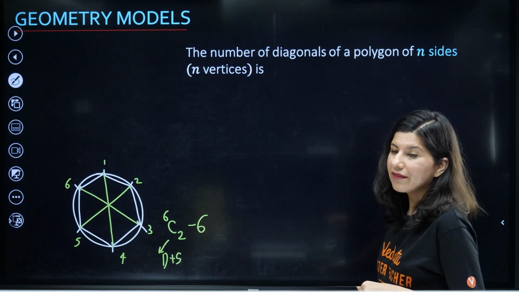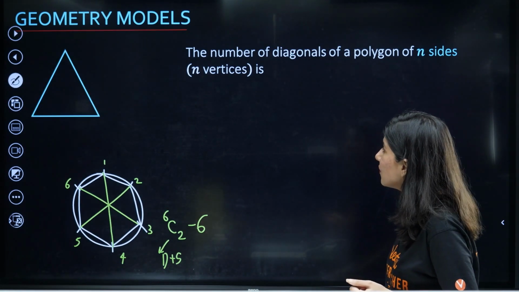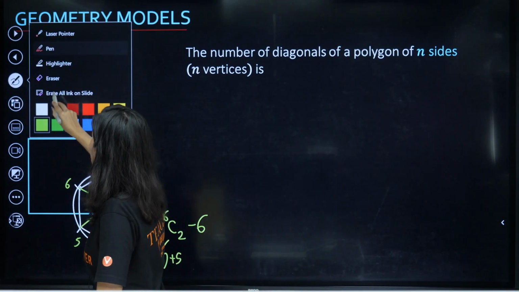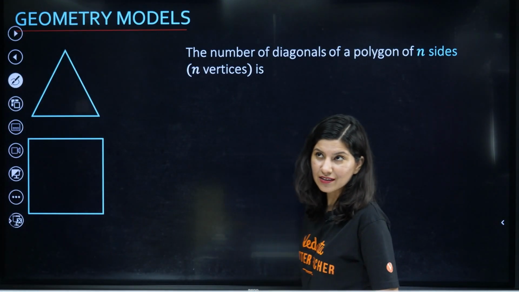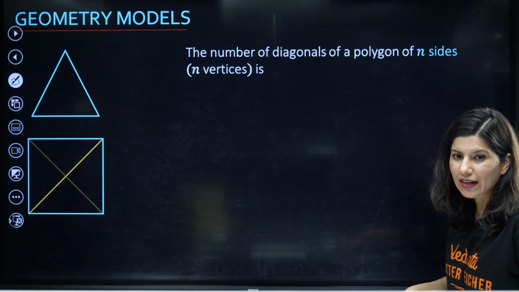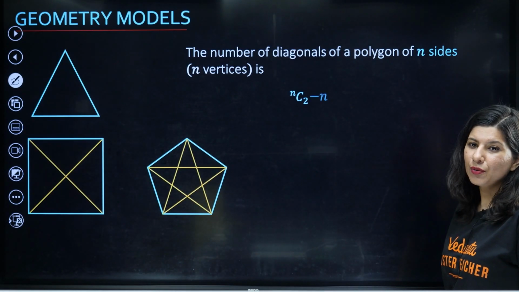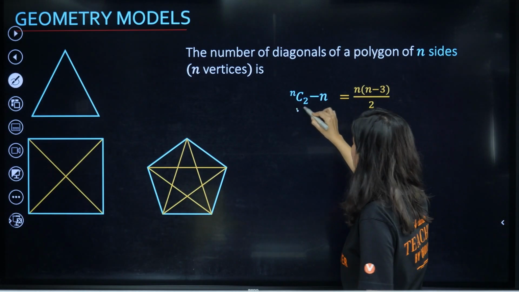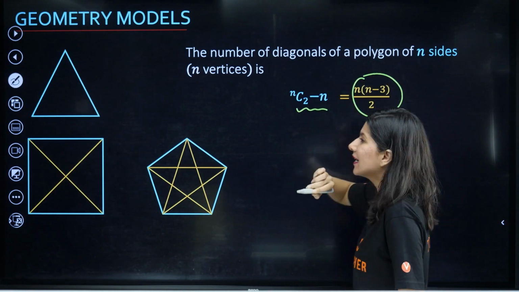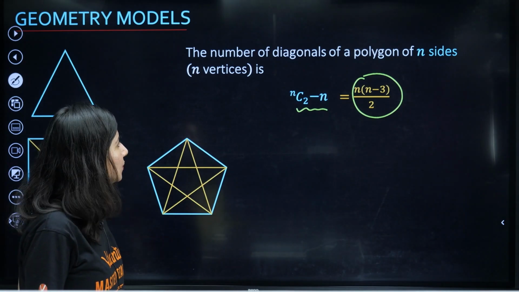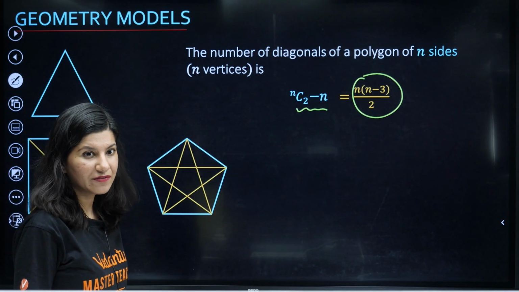So the number of diagonals will be NC2 minus N. NC2 means the total number of lines, including sides and diagonals, and N is your number of sides, which you do not want to include. So NC2 minus N, if you open it, you will get N(N minus 3)/2. Perfect.